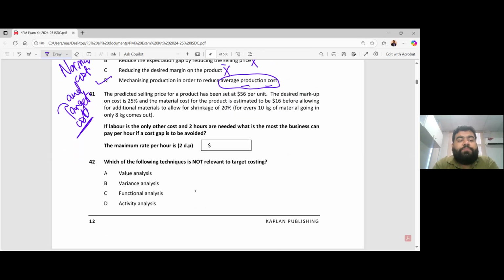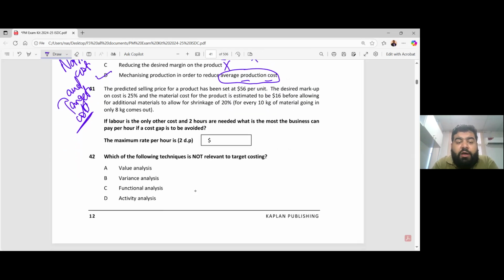Next MCQ. The predicted selling price for the product has been set at $56 per unit. This is the selling price. Desired markup is 25%. And the material cost of the product is expected to be $16 before allowing for any additional material to allow for a shrinkage of 20%.